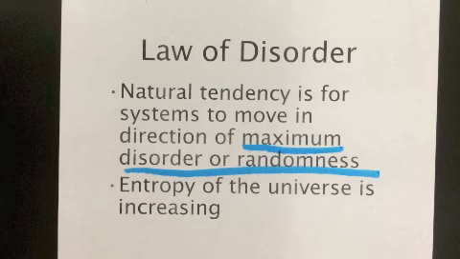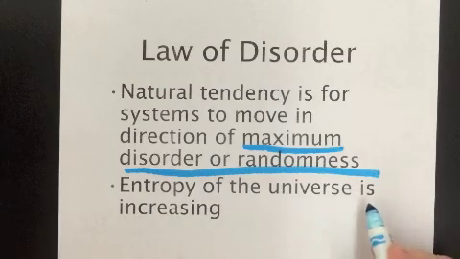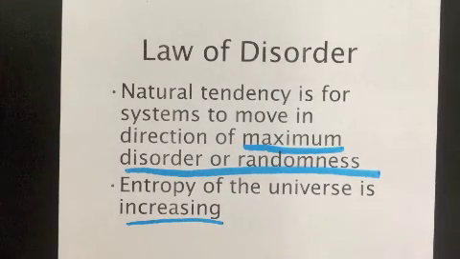Your molecules and things like that do exactly the same thing. They try to get as disorderly as possible. Same thing with your bedroom. If you don't clean it every day, or dust and all that other stuff, it gets worse and worse every day. So what this means is entropy of the universe is constantly increasing.